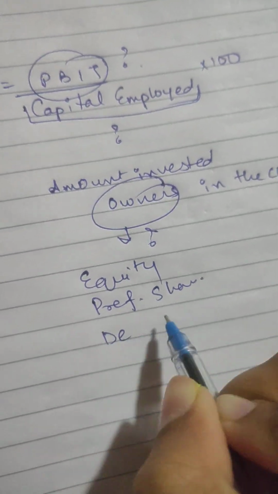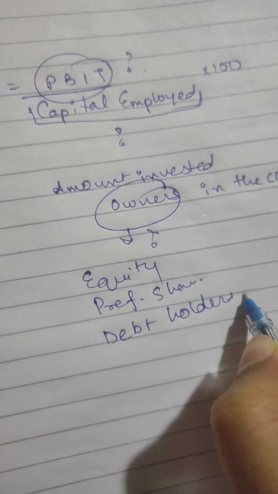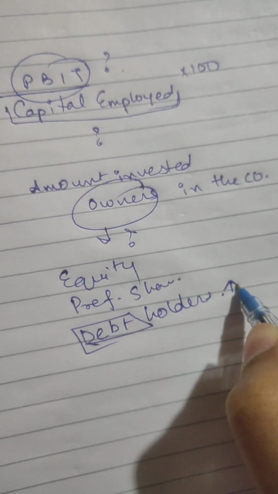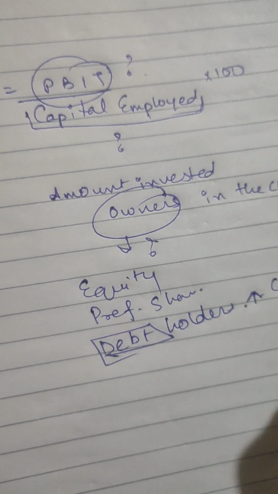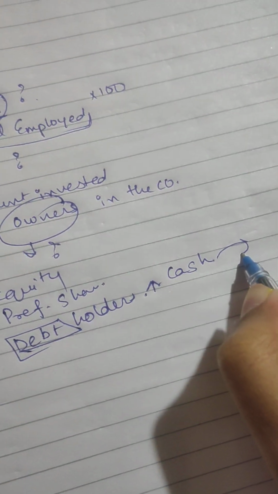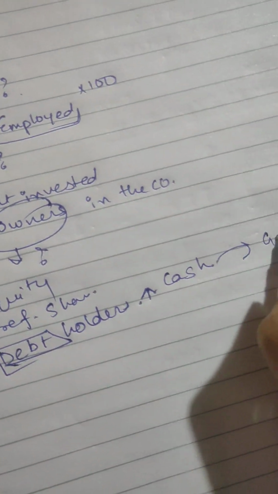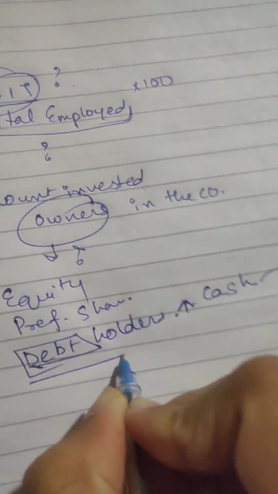But we can also say that debt holders are also the owners of the company, because of debt holders we have raised the capital of the company, that we have raised the cash from them and we have invested it in some part of the company, so it can generate returns for the company, right? So indirectly they are also a part of the company.